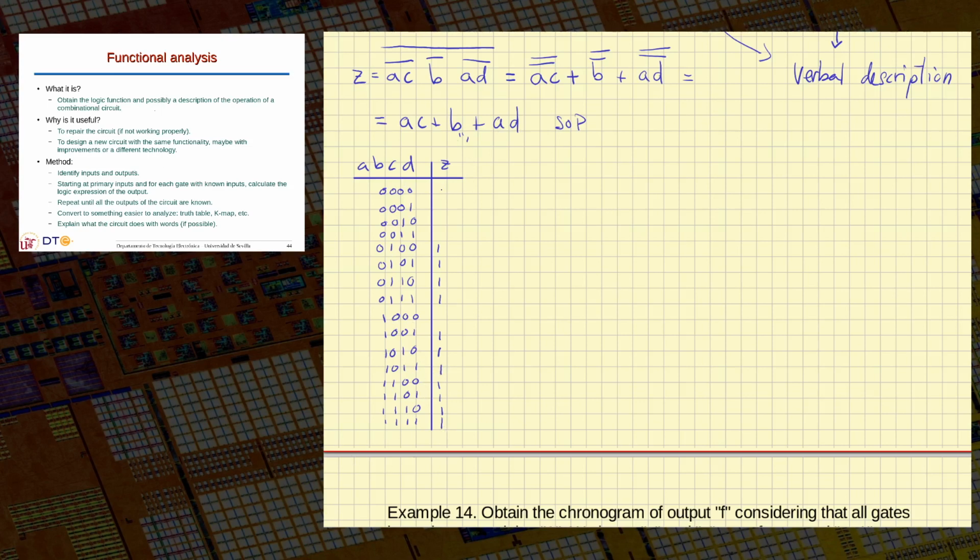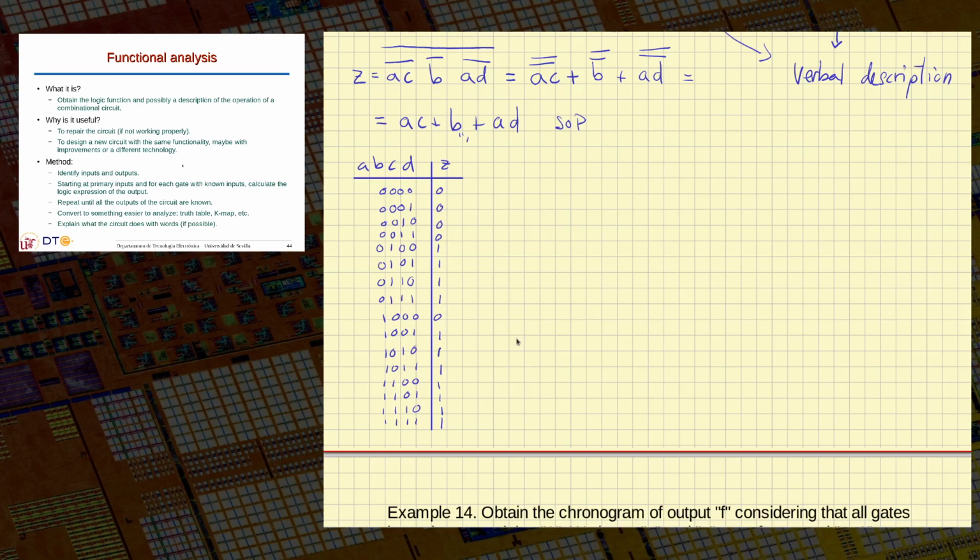So I have these cases left when the output is 0. I hope it's okay. 1, 2, 3. Okay, so now that's the truth table.